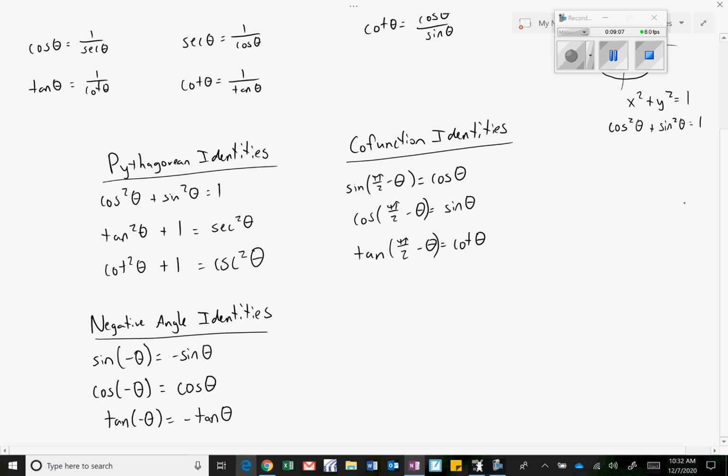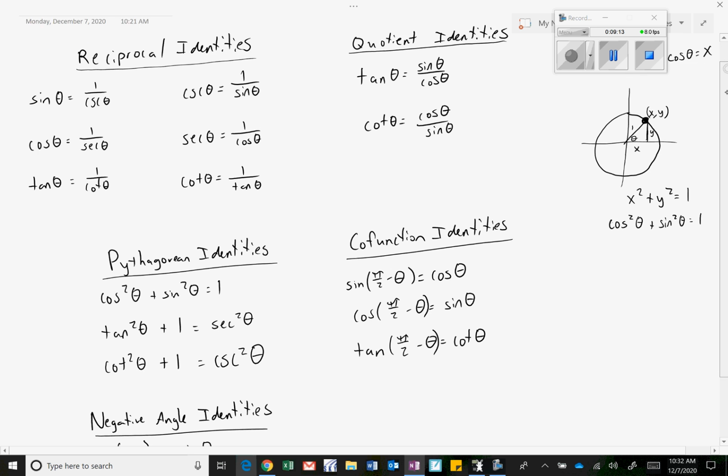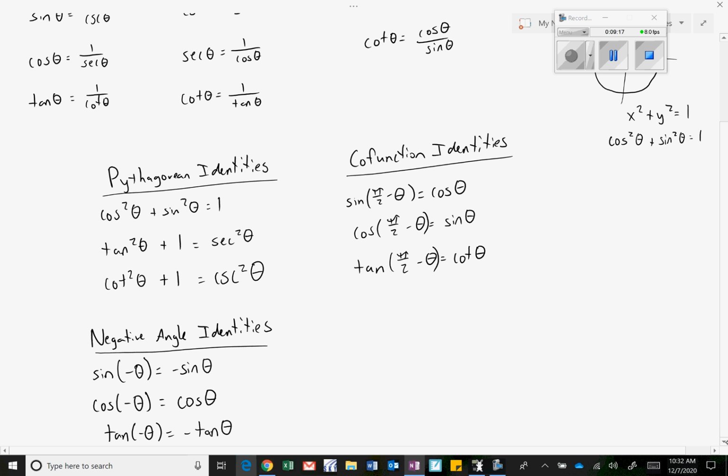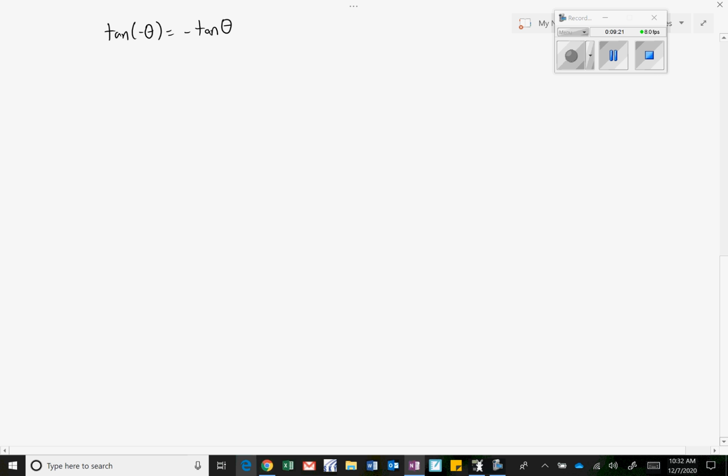So what I'm going to do now is walk through one example here with all of my formulas, and I'm going to try to use one to evaluate an expression. So let's see here.